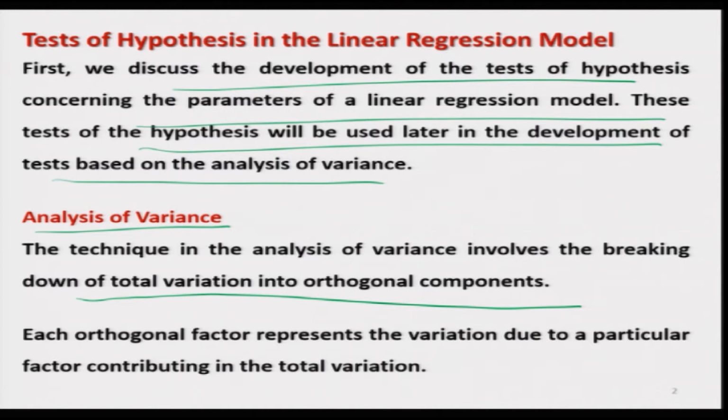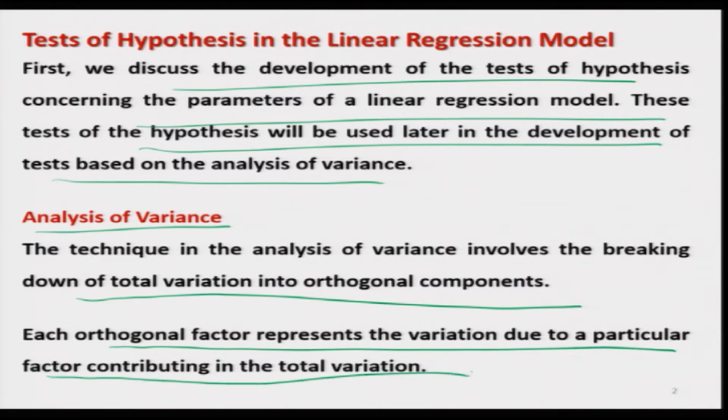And each of these orthogonal components is going to represent the variation due to a particular factor contributing to the total variation, right. So, suppose I say that the total variation is divided into 3 components, say Q1, Q2, Q3.